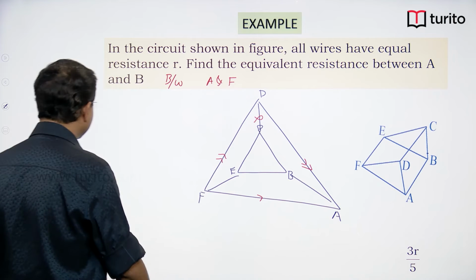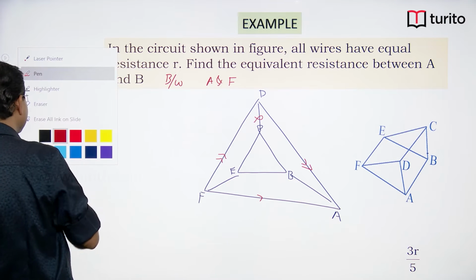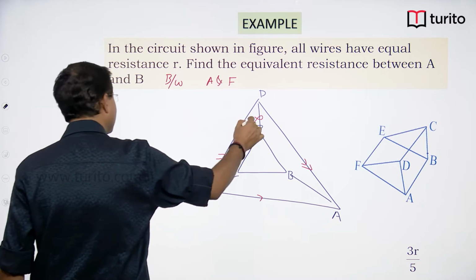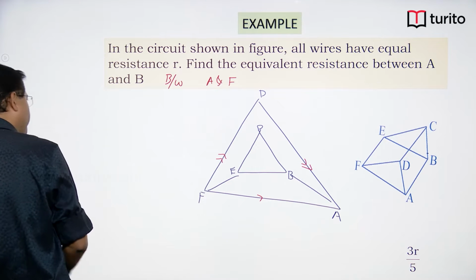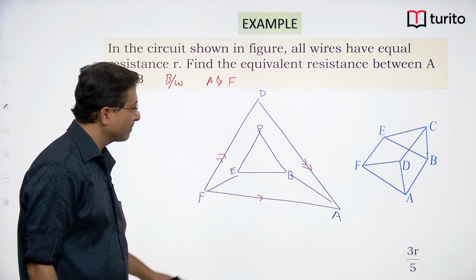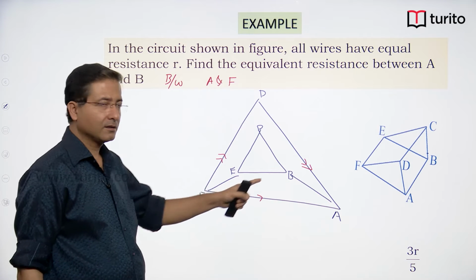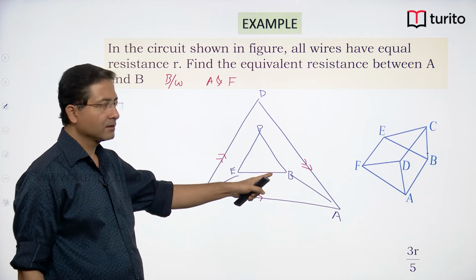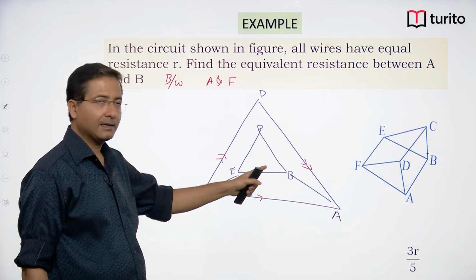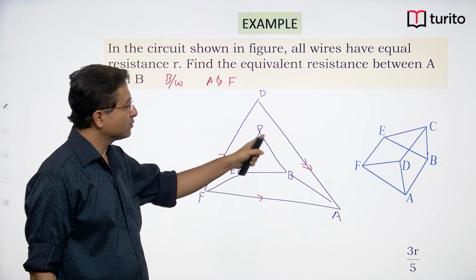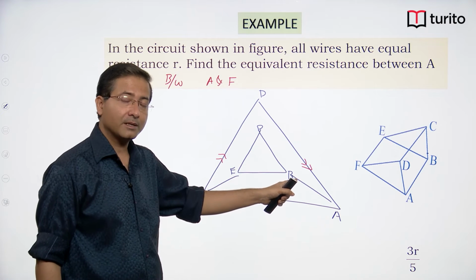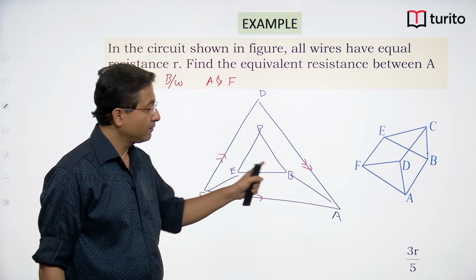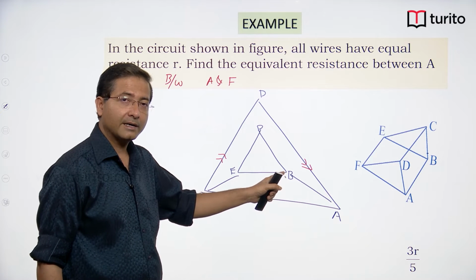If I remove this resistor, this is what we are getting. Upper one 2R, this is 2R and R, 2R by 3. So 2R by 3 plus R, 5R by 3, 5R by 3 plus R, 8R by 3.